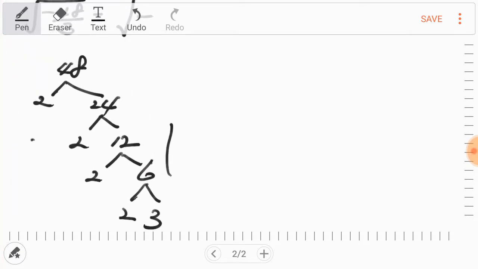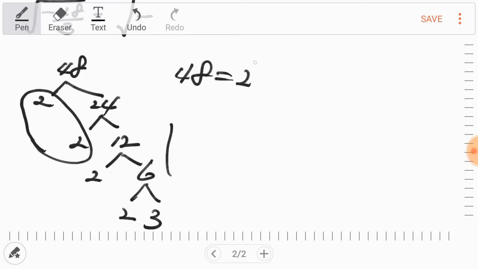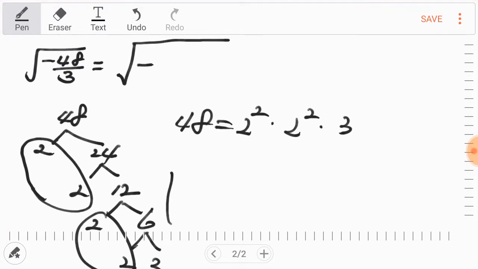So 48 is equal to 2 squared times 2 squared times 3. So negative 48 is 2 squared times another 2 squared times 3.